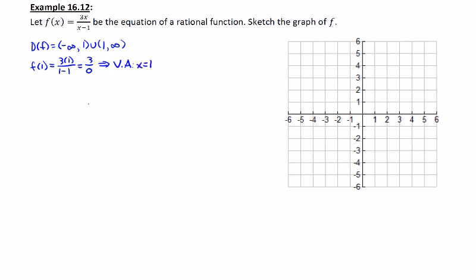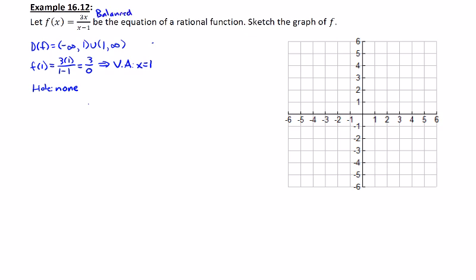Now as far as the holes are concerned, I can tell you that there's not going to be any holes because I only had one discontinuity, and we just showed that that one discontinuity was a vertical asymptote. Moving on to step 3. Step number 3 is where we look at the horizontal or slant asymptote. This particular rational function is balanced.